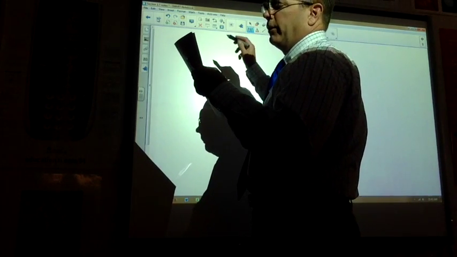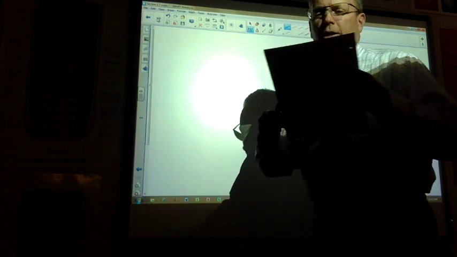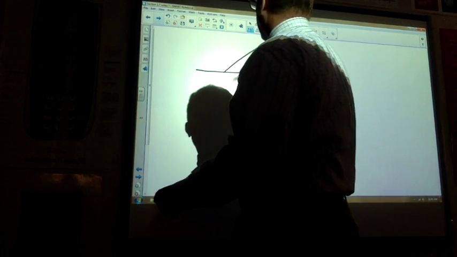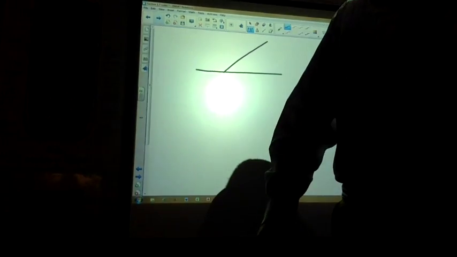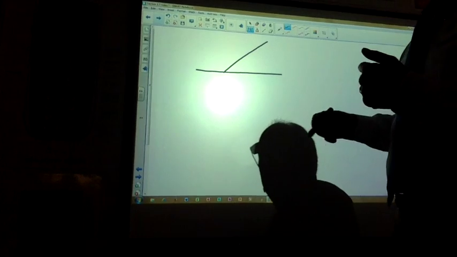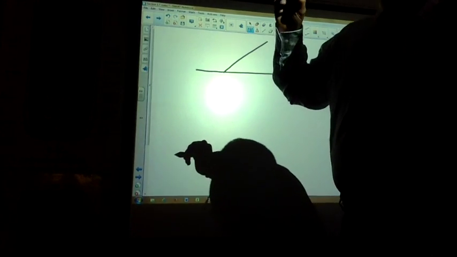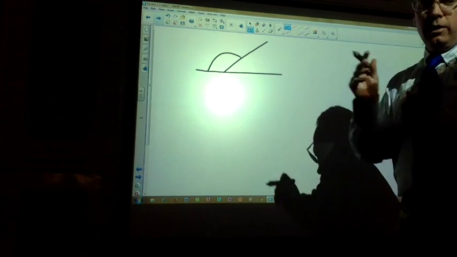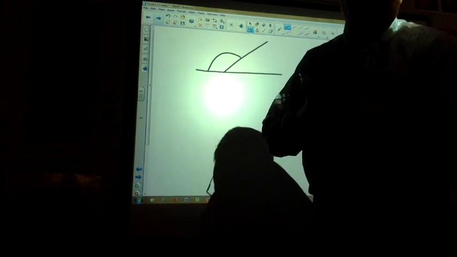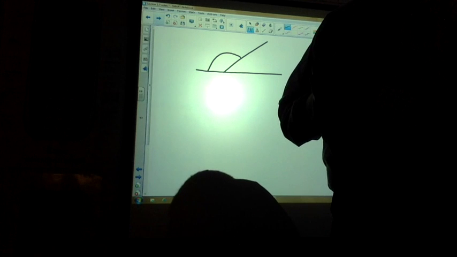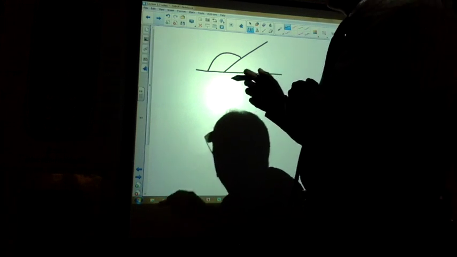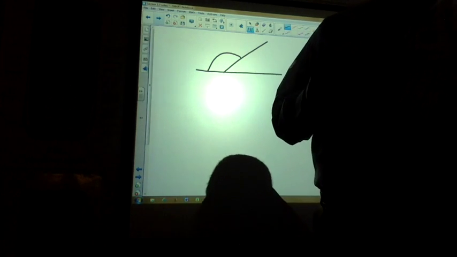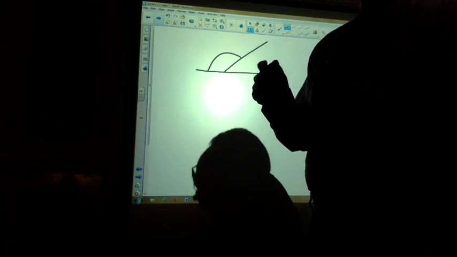So the larger of two supplementary angles exceeds 3 times the smaller by 4.